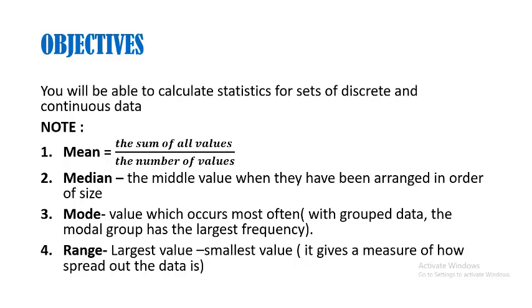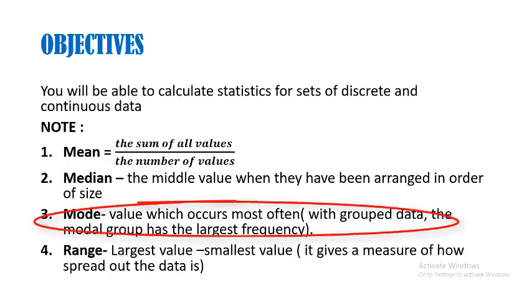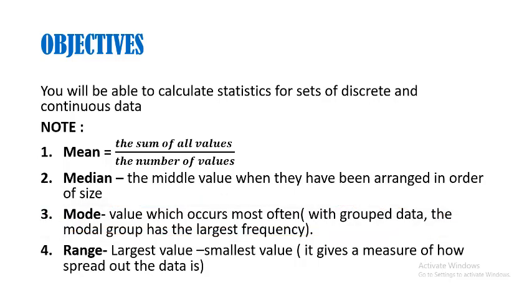Now, how do we find the mode? The mode is the value which occurs most often. So for us to find the mode, we are going to check the number or the value which occurs most often. In this bracket, we are saying with the grouped data, the modal group has the largest frequency.